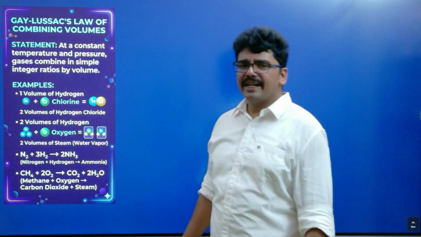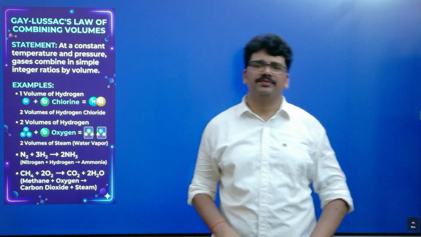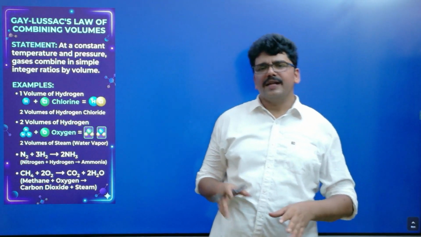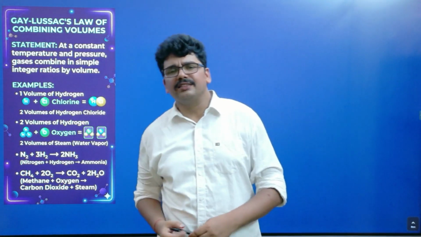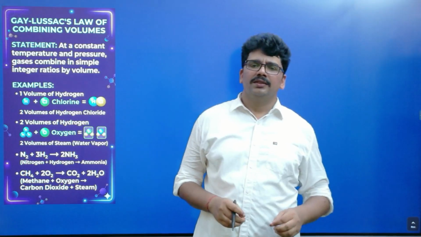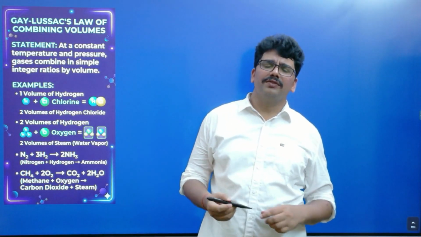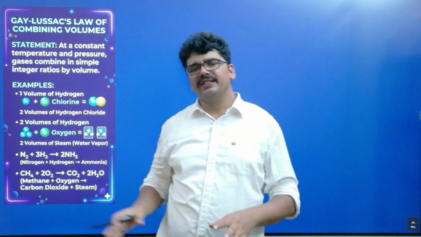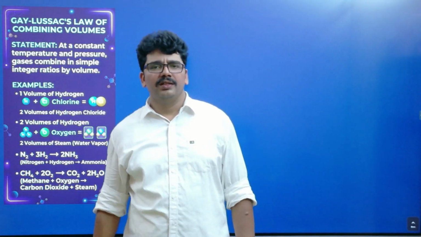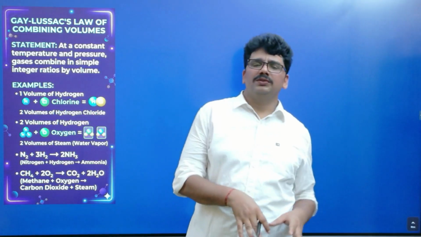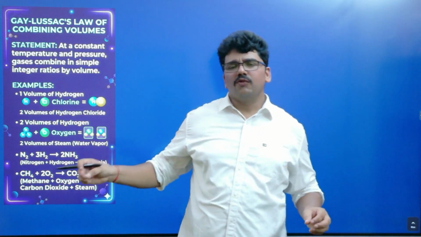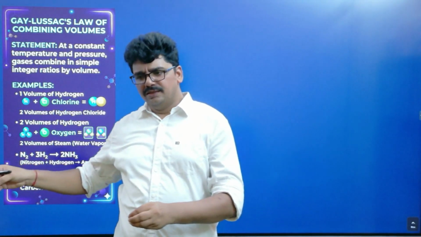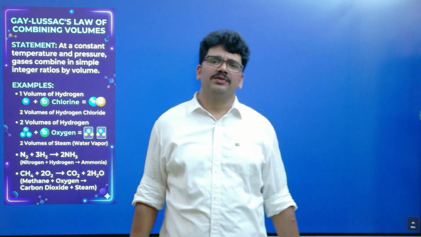The statement is: at constant temperature and pressure, in a gaseous reaction, the volumes of all reactants and products are in a simple whole number ratio. If the products are also gases, then the ratio of reactant volumes and product volumes is a simple whole number ratio.